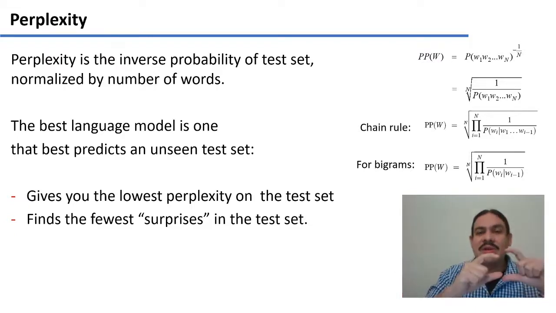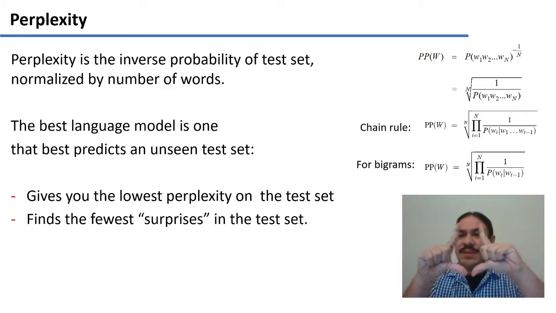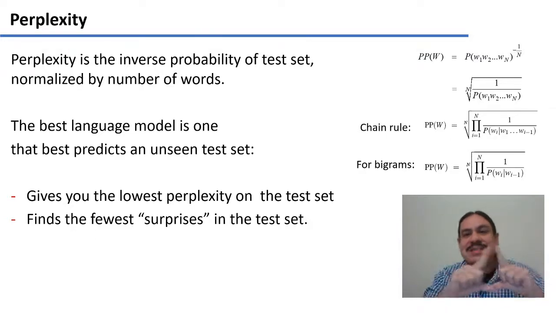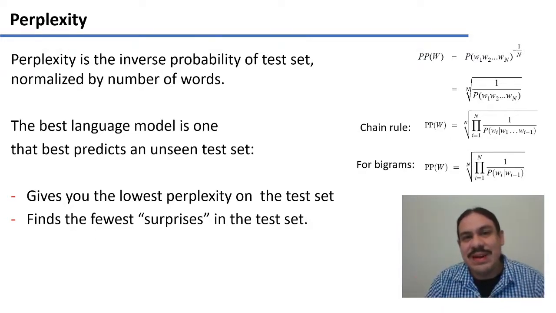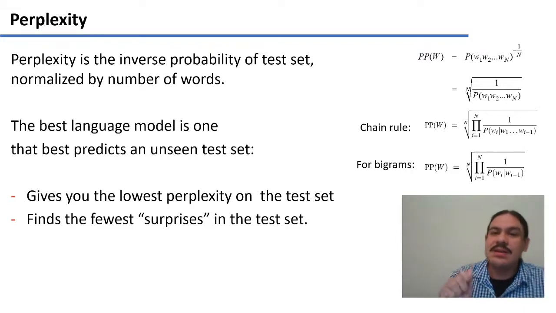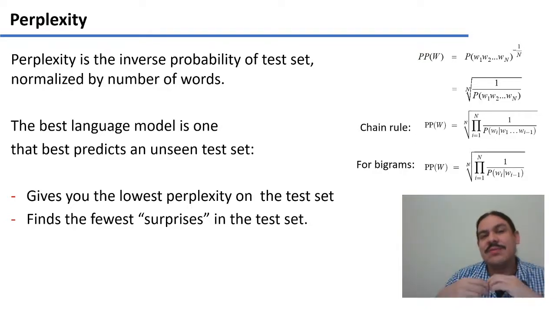And so we're going to multiply the inverse of the first bigram by the inverse of the following bigram, by the inverse of the following bigram, and so forth. And so we're going to multiply all of these n times, as many times as we have bigrams or trigrams in the set. Finally, we're going to get the nth root of that number to normalize for how many words we have.